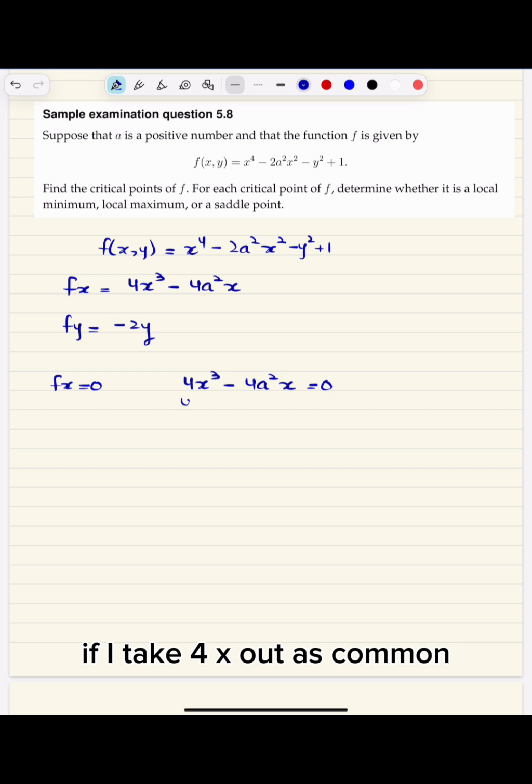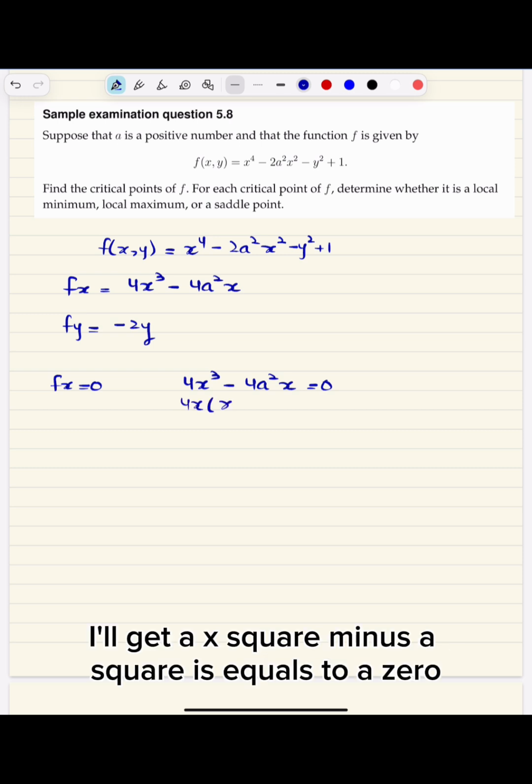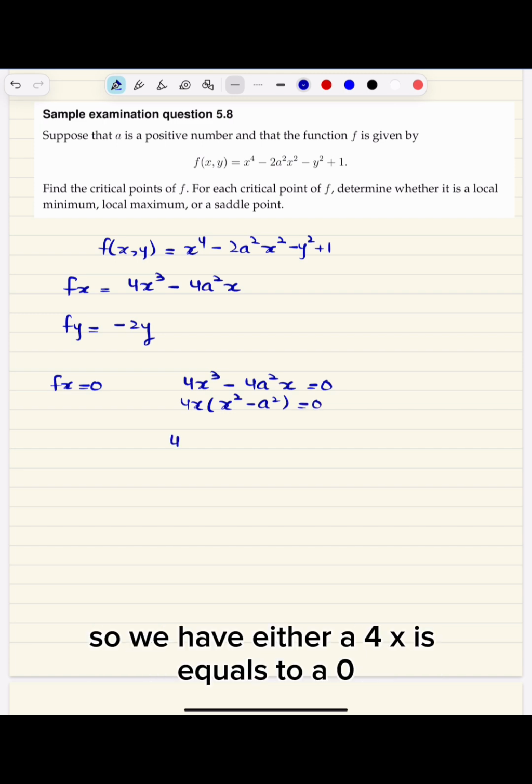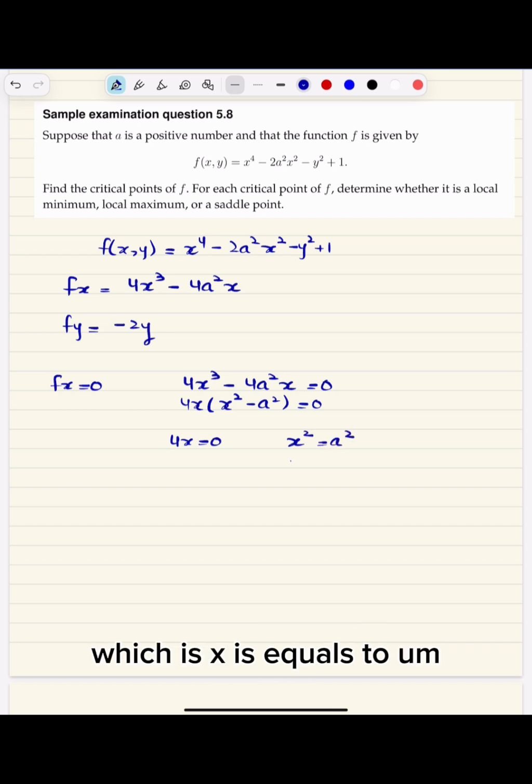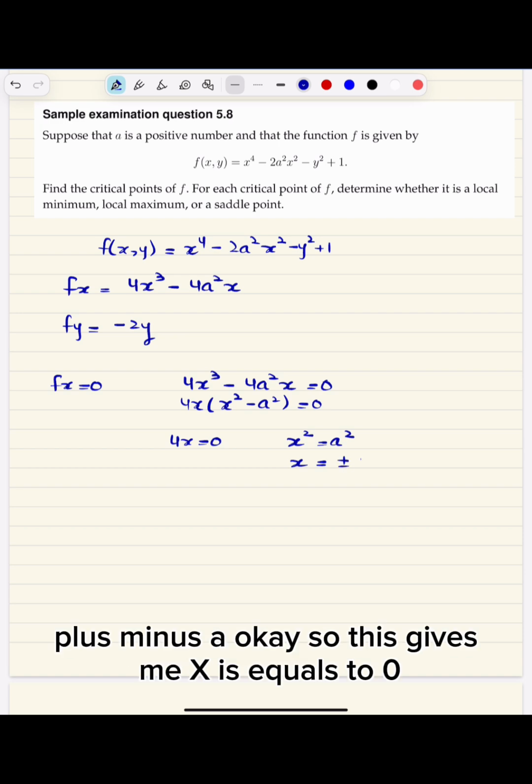If I take 4x out as common, I'll get 4x times (x squared minus a squared) equals 0. So we have either 4x equals 0 or x squared equals a squared, which is x equals plus or minus a.